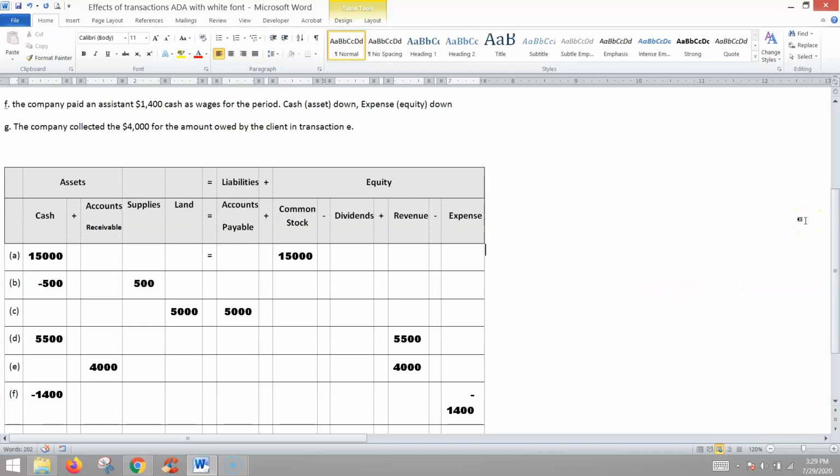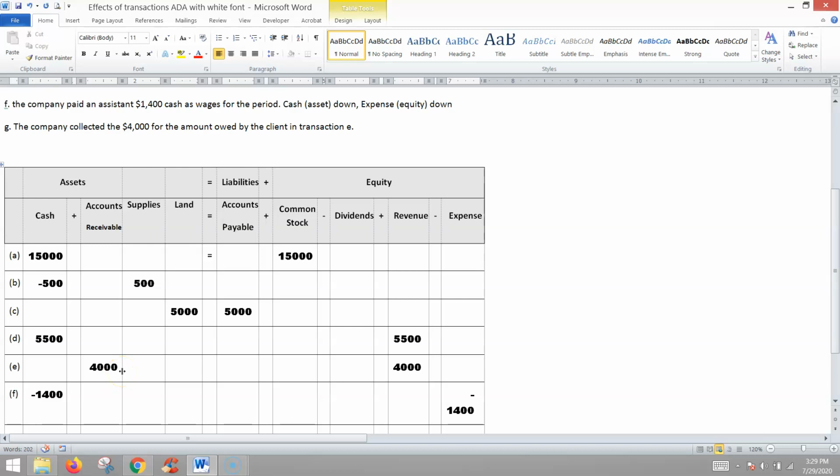And the last transaction, G, the company collected the $4,000 cash for the amount owed by the client in transaction E. So if we look at E, we already recorded the revenue when we earned it, even though they didn't pay us in cash yet.